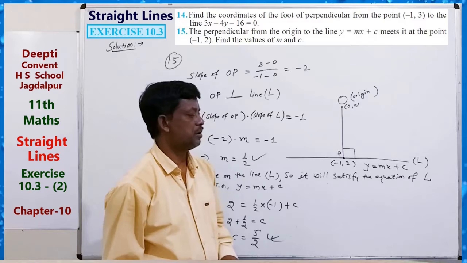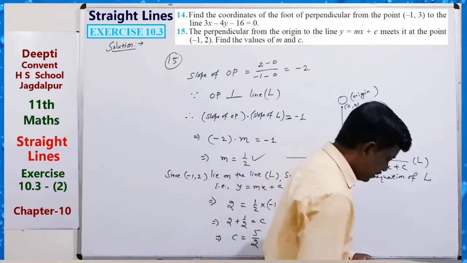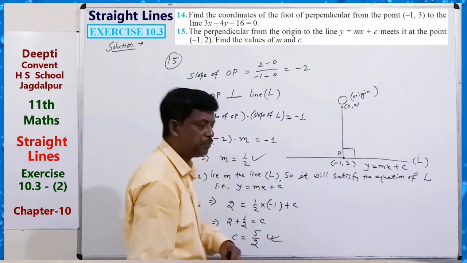M equals half, c equals 5 by 2. Half and 5 by 2. Clear? So this is question 15.